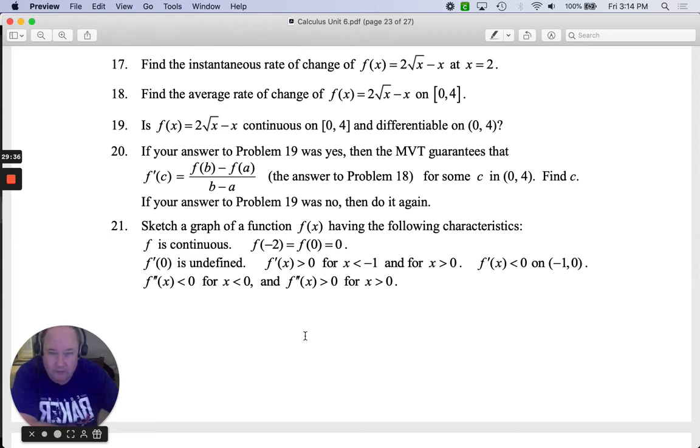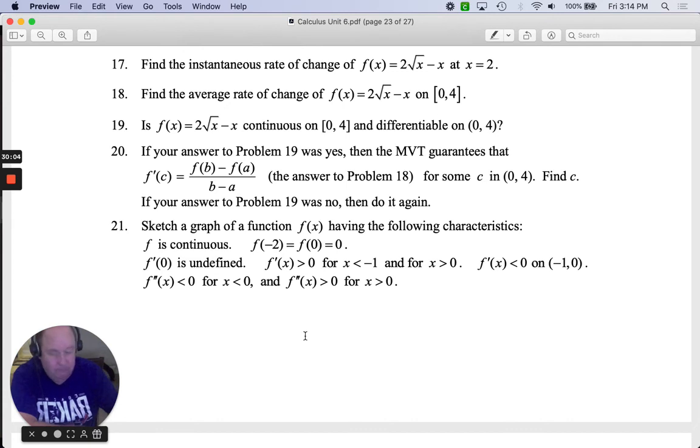The first derivative is bigger than 0 for x less than -1, and so on. So I'm going to do a number line so I don't get confused here. I'm going to do a number line for the first derivative with -1 and 0 on it. When x is less than -1, the derivative is positive.